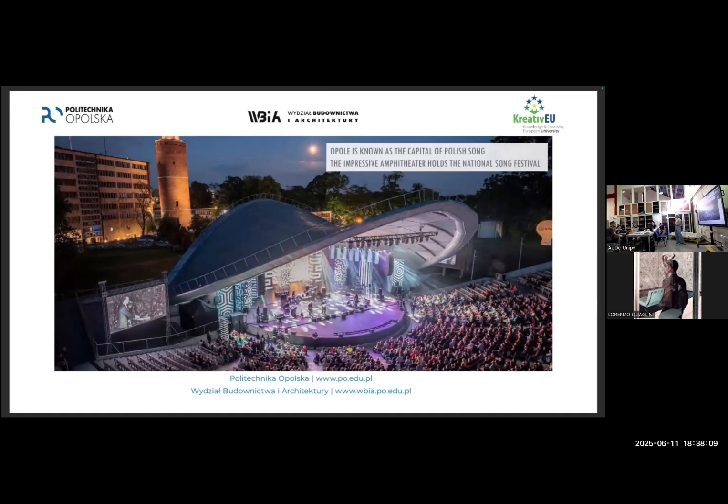In Poland, Opole is known as the capital of Polish song, because we host a very well-known and important national song contest that Luca had the chance to attend at least once.